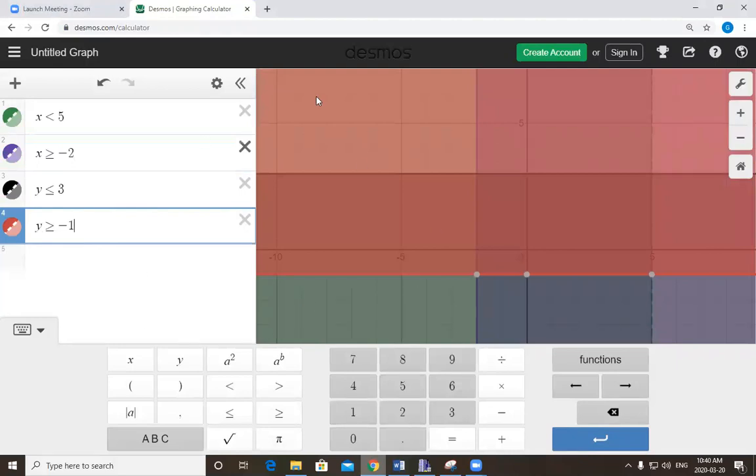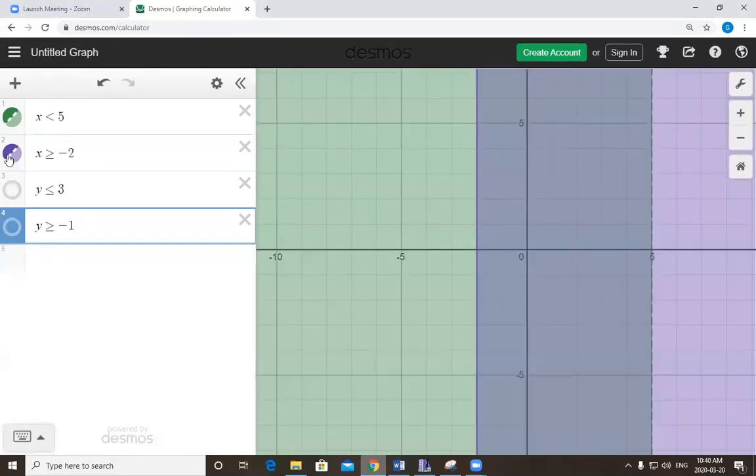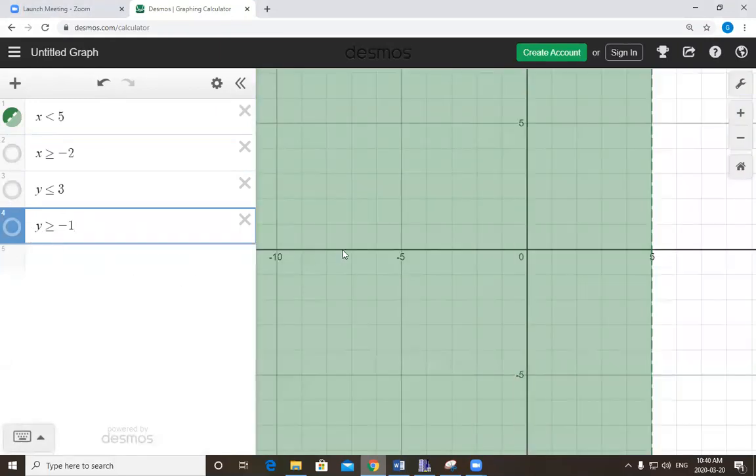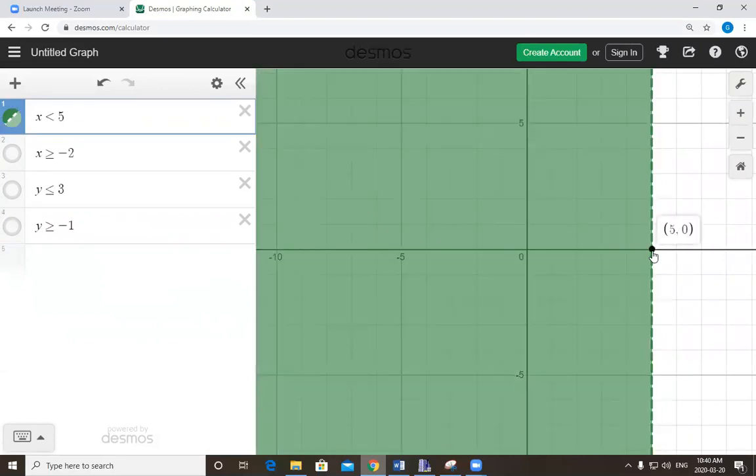So again, when you have multiple graphs in Desmos, we can click on the circle on the left to mute all of them. So just a quick review. Remember, when it's strictly greater than or less than, you have a dotted boundary line, which means it does not include that value. So x would not include 5. It would be less than 5, non-inclusive.